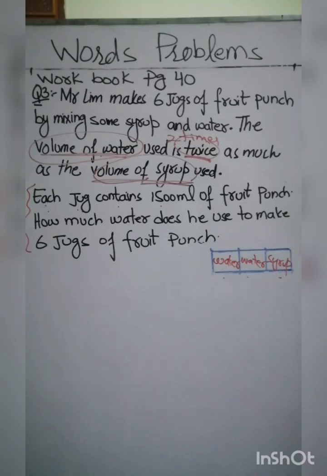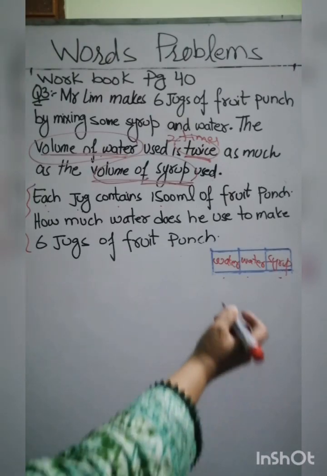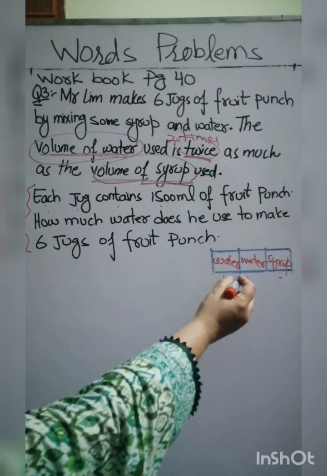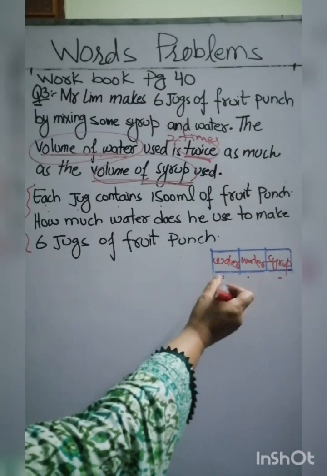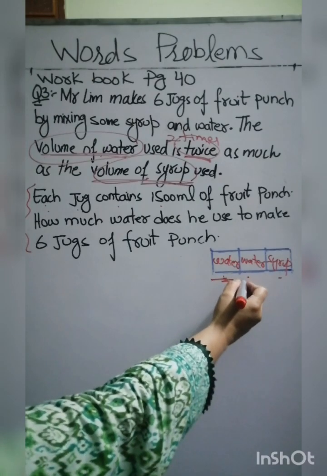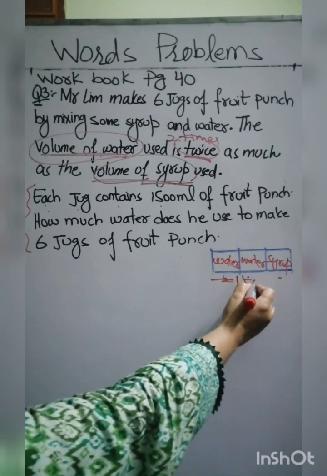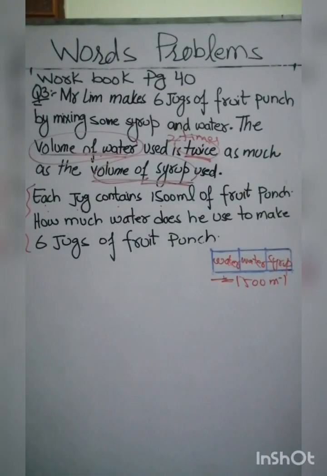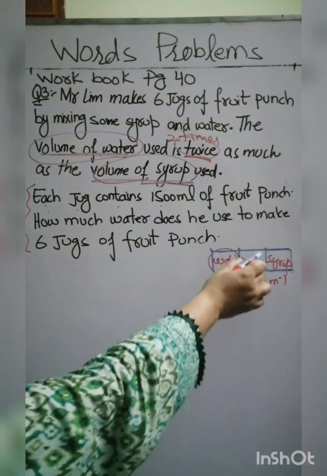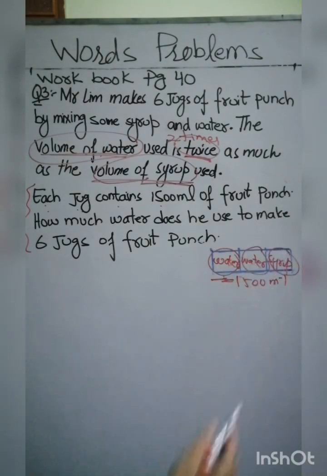It means that if one jug contains 2 times water and 1 times syrup, and one jug has 1500 ml of fruit punch, then we find how much water and how much syrup in that jug.